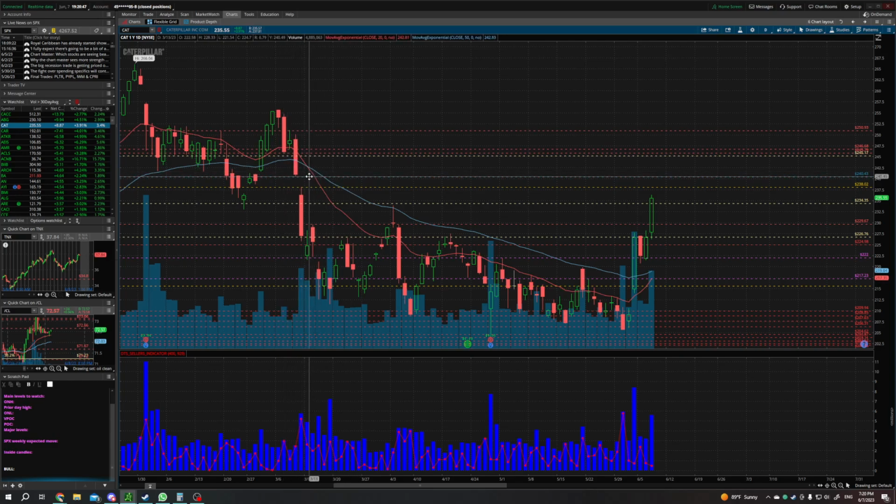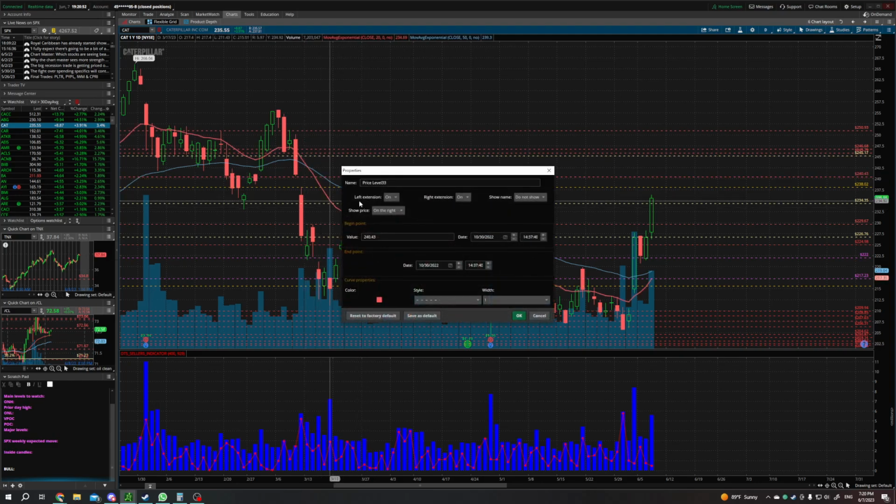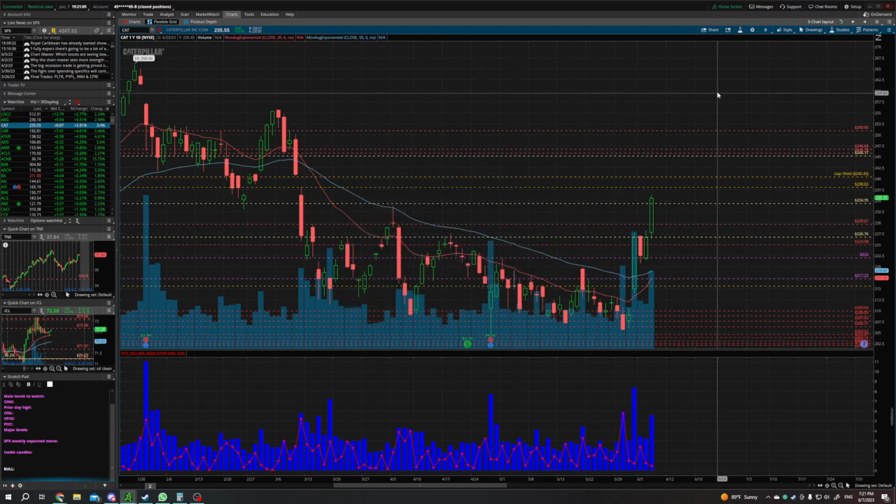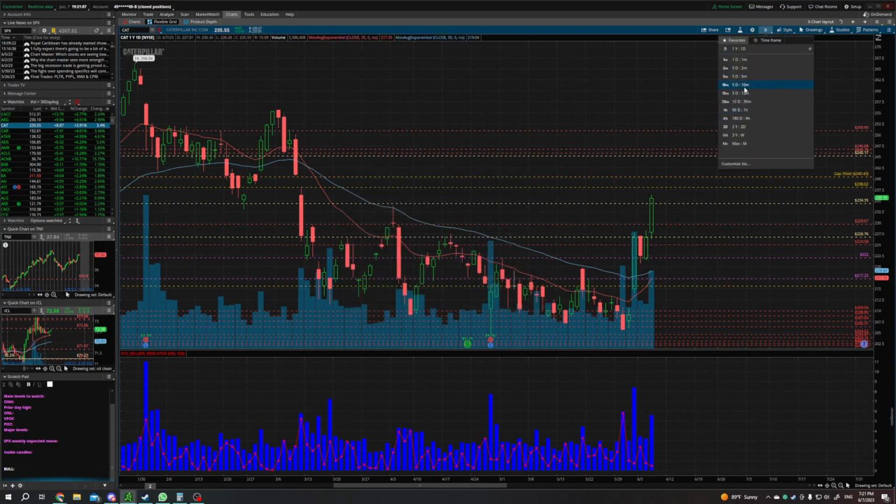Okay, so whenever we're trading it, we know where we are, and we're just gonna place a name on it. Yellow, we're gonna place the name gap fill. Boom. All right, so that will be our main view.